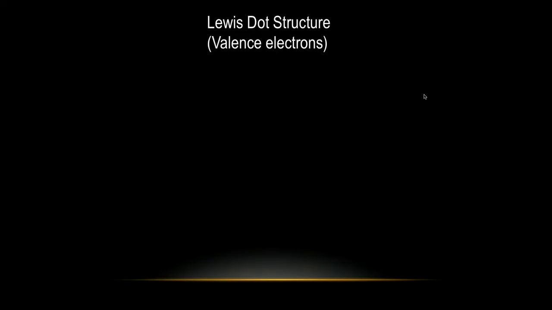Well, we're going to use this information about valence electrons to draw what we call a Lewis dot structure. Now remember, hydrogen has 1 valence electron. So the way we draw the Lewis dot structure for hydrogen is with 1 dot. Sodium is right under hydrogen, and it also has 1 valence electron.